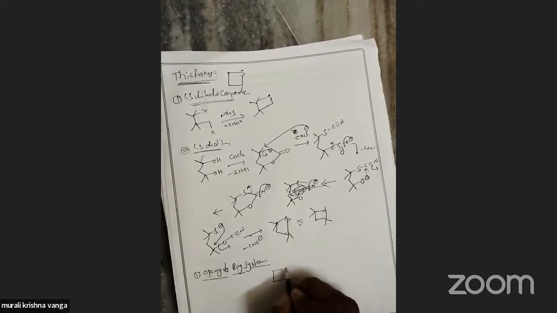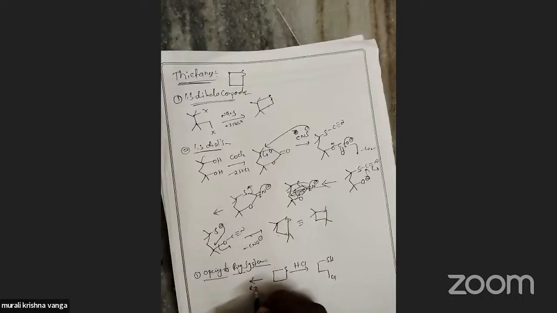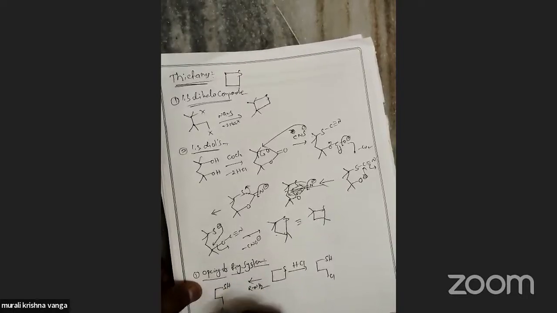In opening of the ring system, in the presence of an acid catalyst and a base catalyst, the cases are the same as the previous case. This is the acid catalyst, and this is the base catalyst.